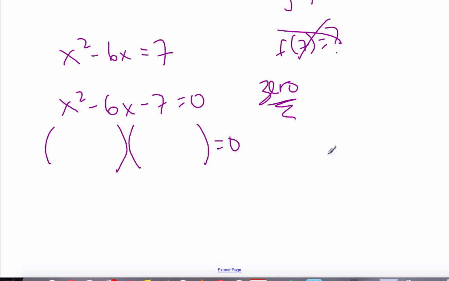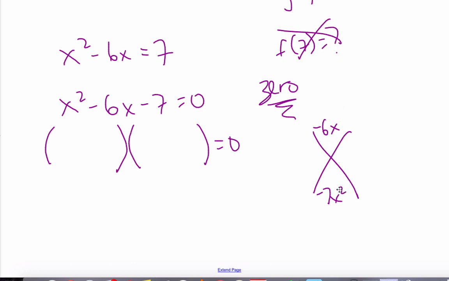And if you remember, we multiplied the two outside together to get negative 7x squared. We looked at the negative 6x here, and we asked ourselves, what two values multiply to get negative 7x squared and add to get negative 6?